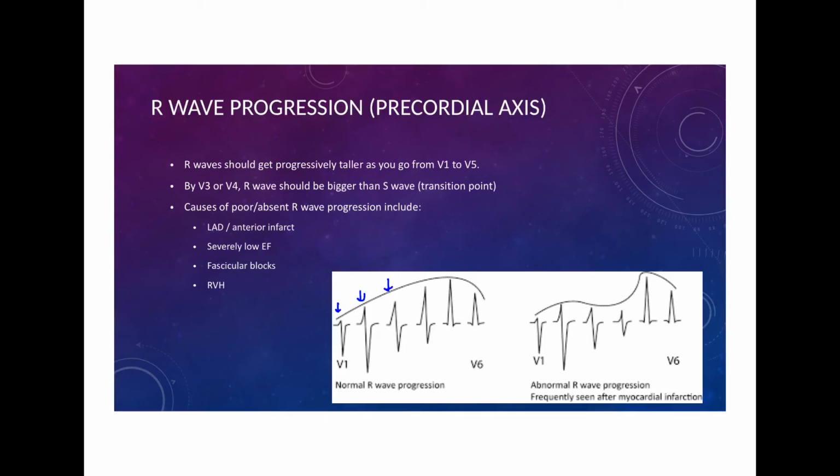So the biggest amount of electricity should be coming around V4, V5, and then coming down. If you don't see that, then you might suspect that the patient had an anterior wall infarct, really low EF, a fascicular block of some kind, or RVH, which would shift everything more to the right. So the R wave in V1 would be much taller than the R wave in V5.